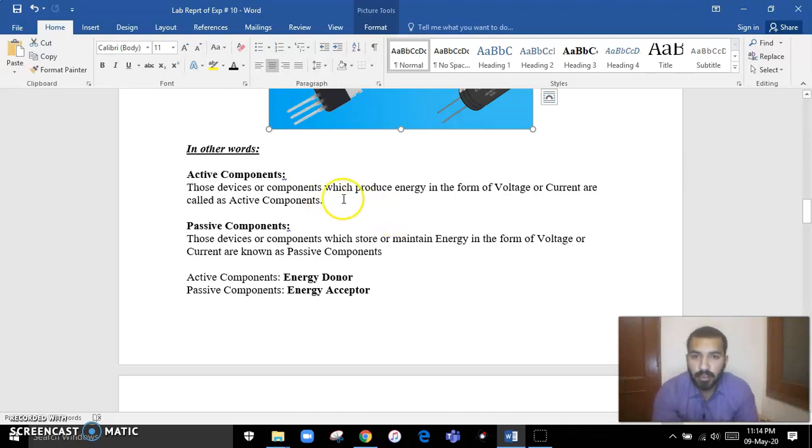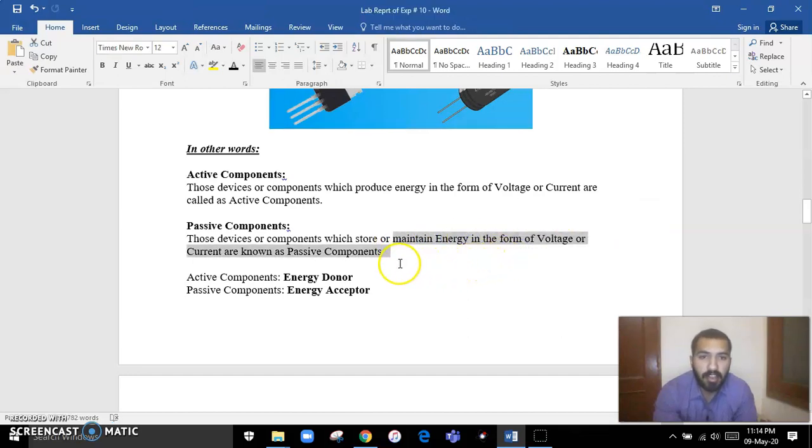So those components that produce energy in the form of voltage and current are called active components, and those components which store or maintain energy in the form of voltage or current are known as passive components. A capacitor stores energy.